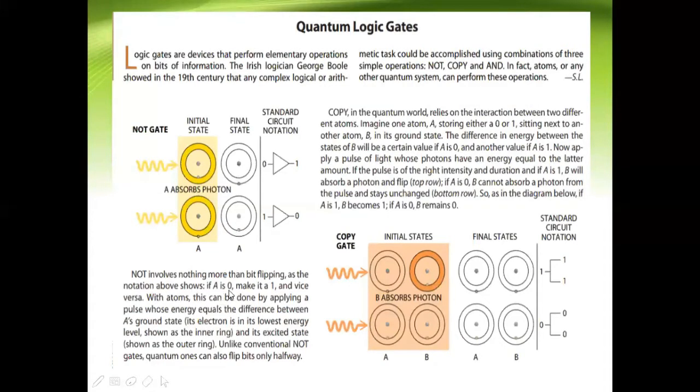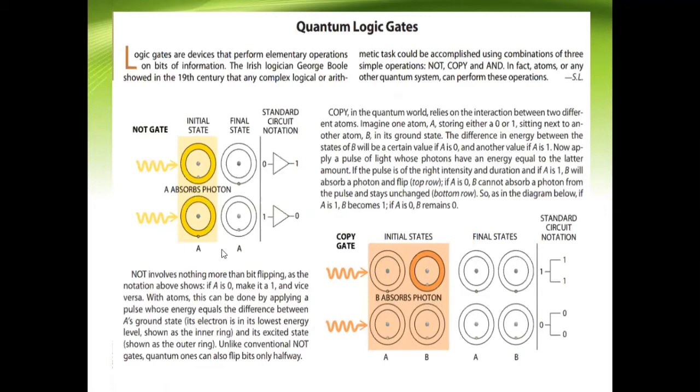If A is 0, make it 1 after flipping. And if A is 1, then by flipping make it 0. With atoms, this can be done by applying a pulse whose energy equals the difference between A's ground state and excited state.